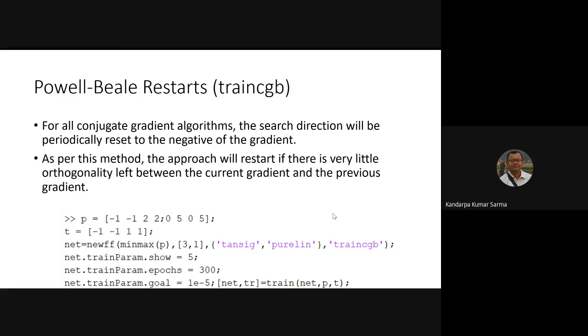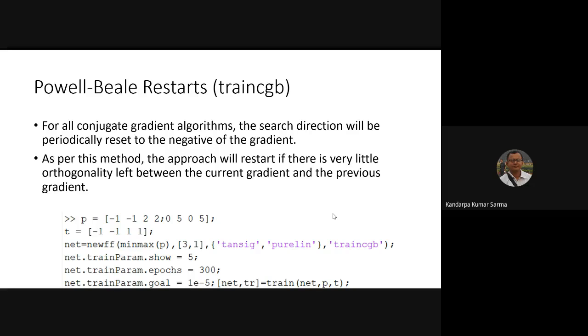Then there is one more form of the conjugate gradient function that is called the Powell-Beale restarts, CGB. So for all the conjugate gradient algorithms, the search direction will be periodically reset to the negative of the gradient.